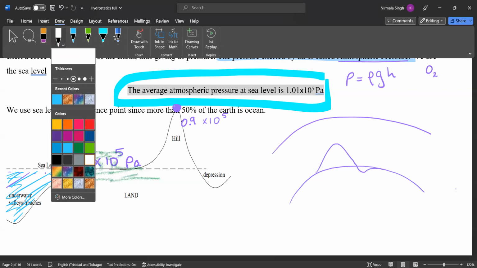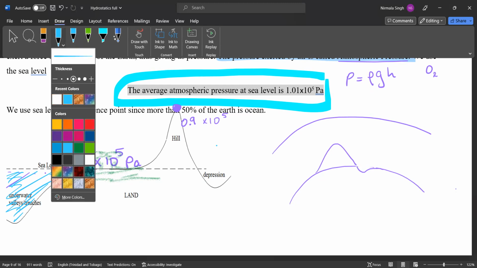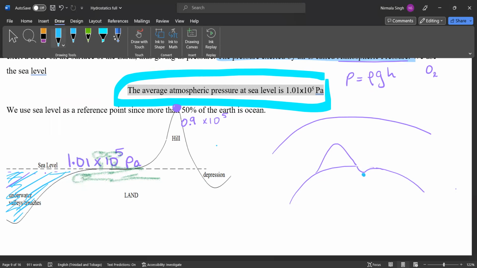Let's see if you all can rationalize all this. Do you think at the bottom of a depression, is the air pressure going to be greater or less? Is it going to be greater than 1.01 by 10 to the 5, or less than 1.01 by 10 to the 5?